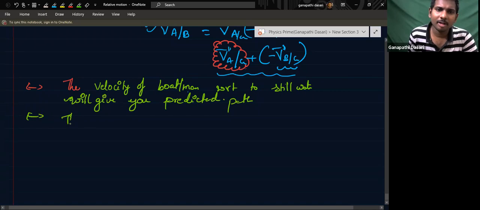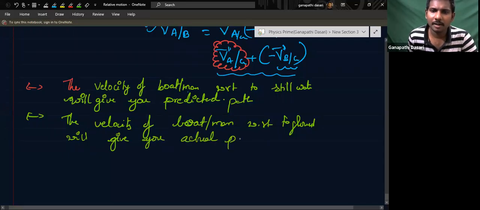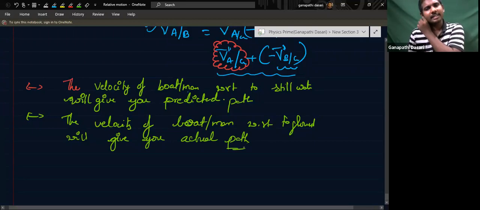And the velocity of the boat or man with respect to ground will give you the actual path. Are you getting this point?